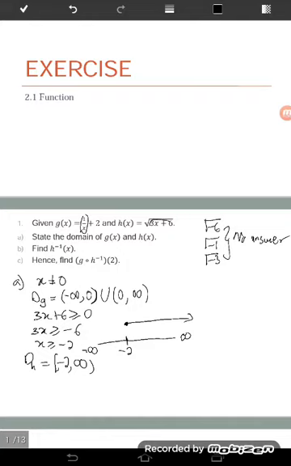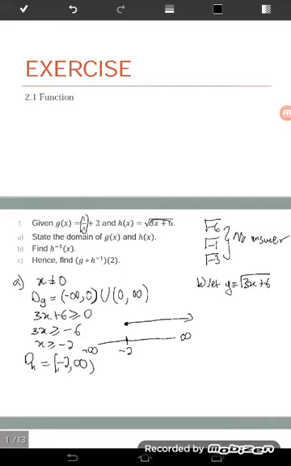And then B, we need to find the inverse of h. To find the inverse of h, first we need to let y equal to square root of 3x plus 6. Solve for x.